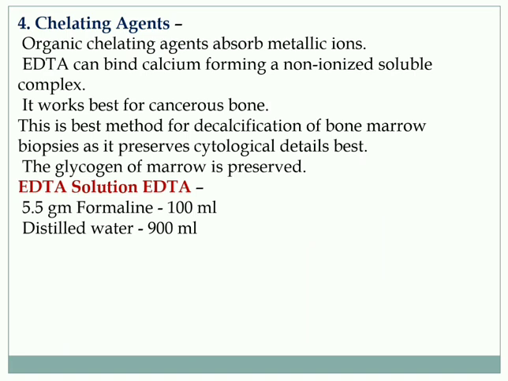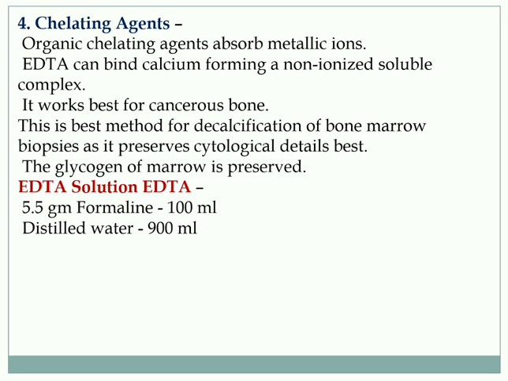Fourth method we have is the chelating agent. Organic chelating agents absorb metallic ions. We use EDTA as a chelating agent here. The EDTA can bind calcium, forming a non-ionized soluble complex.